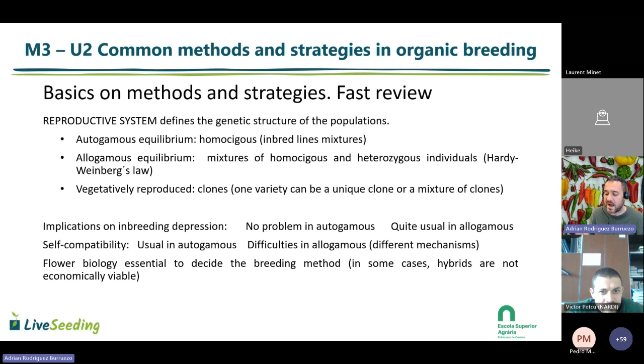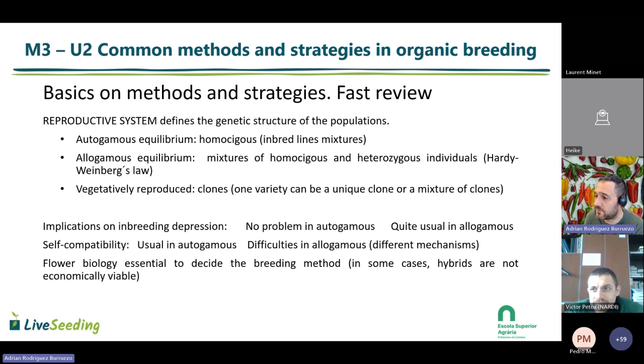So your variety can be a unique inbred line, highly homozygous genetically, or maybe a mixture of inbred lines. It depends on the past stages of the history of this population. Okay, but if this is an autogamous species, the equilibrium should be more or less like that at the level of the genetic structure of the population.